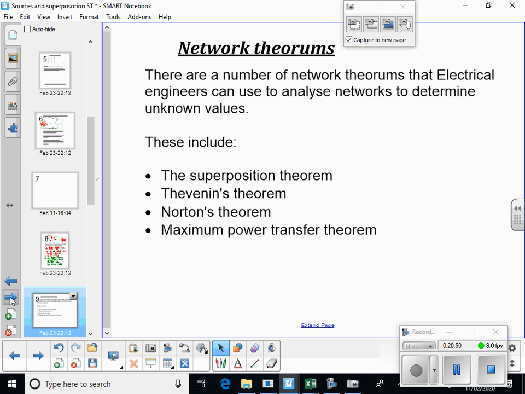Norton's theorem is a similar thing to Thevenin's theorem, except that it ends up with a current source instead of a voltage source. And the maximum power transfer theorem is something you can use around Thevenin's and Norton's theorems. I'll explain more about that when we get there.